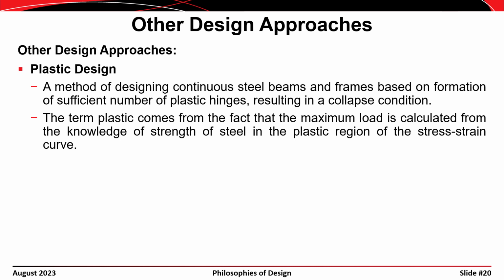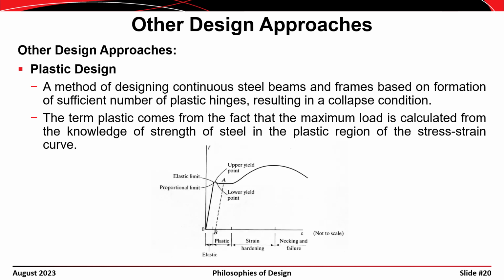And the approach is known as plastic design because of the stress strain curve for steel. If we look at this region of the stress strain curve, that's the elastic region. And if we get past the yield point into that region there, that's the plastic region of the steel, the yield plateau. So when we design for plastic design, our structures are getting into that plastic region of the stress strain curve. That's why it's called plastic design.